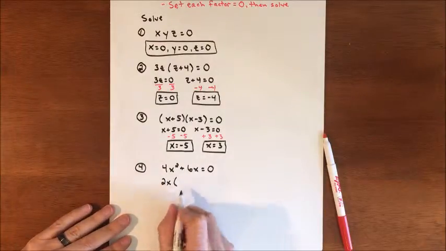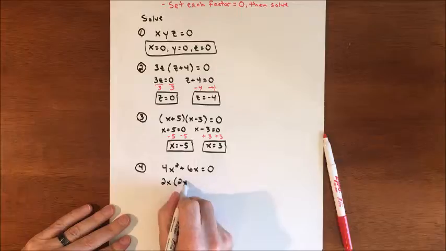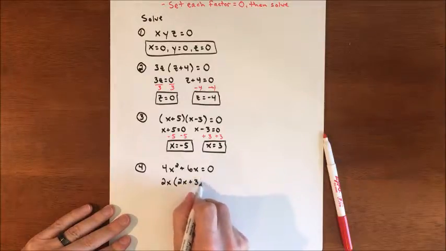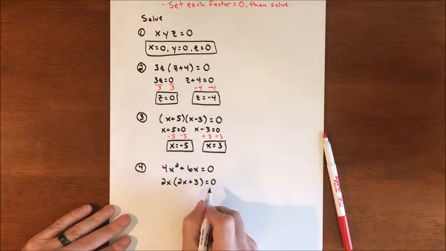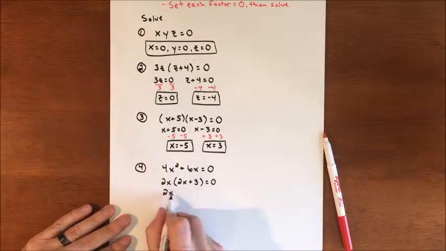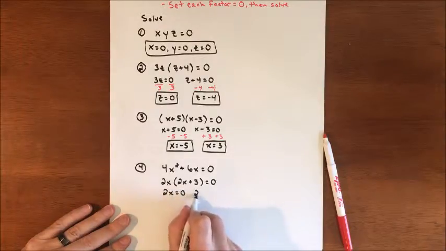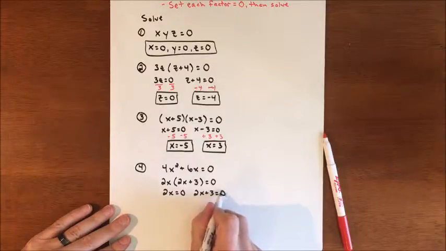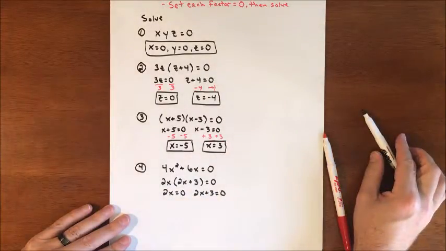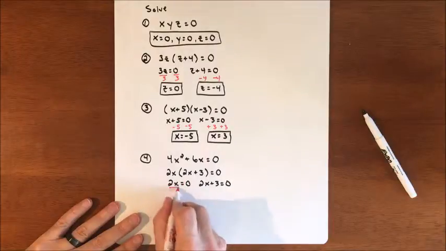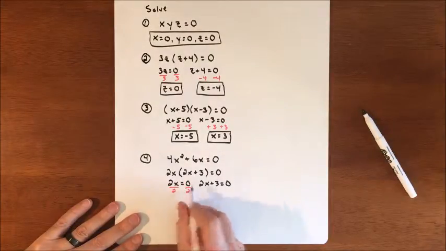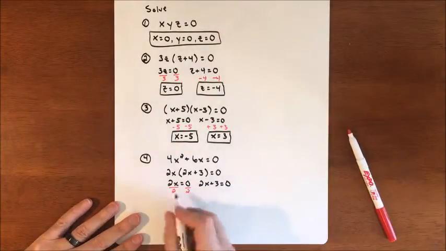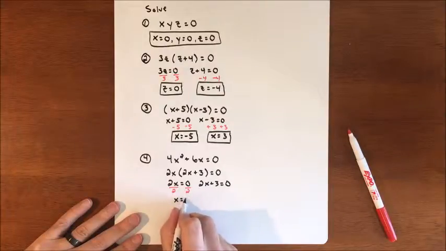If we factor a 2x out, that would leave us with (2x plus 3) equal to 0, and we will set each factor equal to 0. So 2x is going to equal 0, and 2x plus 3 is going to equal 0. From here, we're going to solve by dividing by 2. So that'll get us x equal to 0.